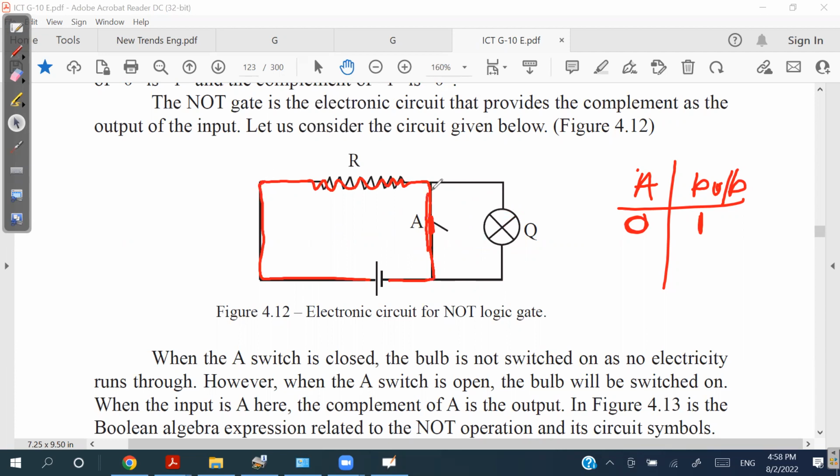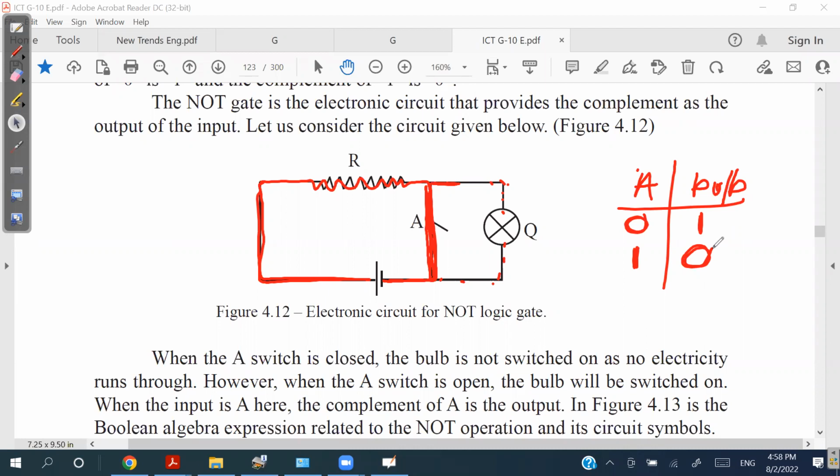Since this is a shortcut for the electricity to complete its circle, only a very negligible, minimal current flows through the bulb, which is not sufficient to light it up. So when A is closed, the bulb is not going to light up. Do you get that, people? Yes.